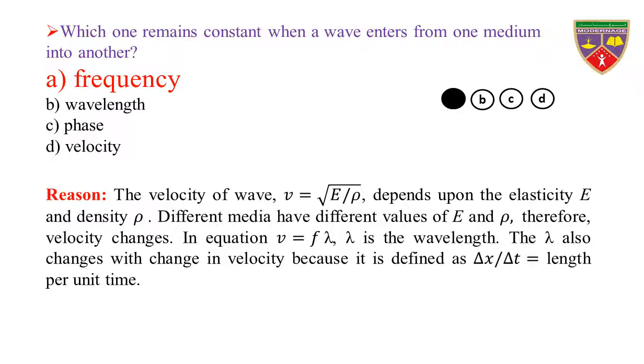In the equation v is equal to f lambda, lambda is the wavelength. Lambda also changes with change in velocity because it is defined as delta x divided by delta t, equal to length per unit time. Hence, the frequency of the wave remains constant.